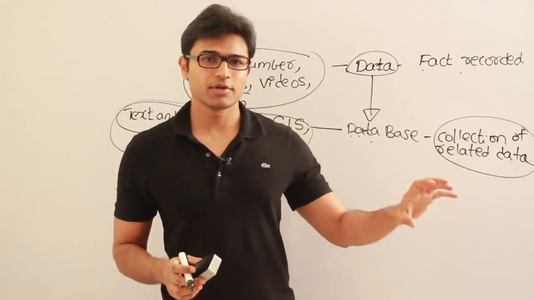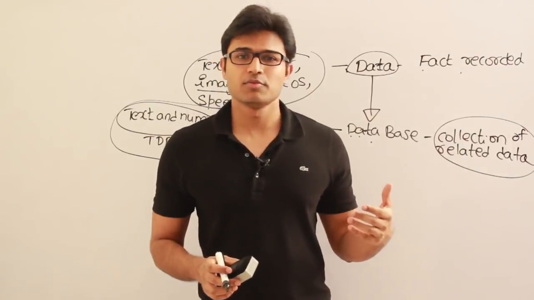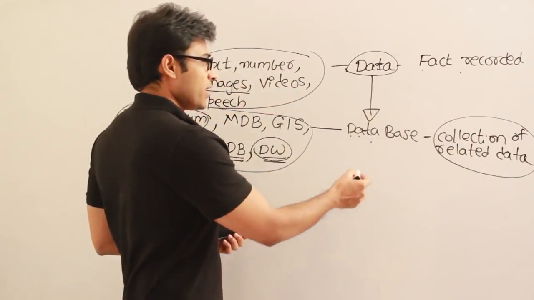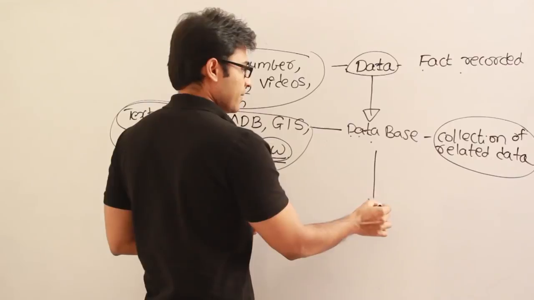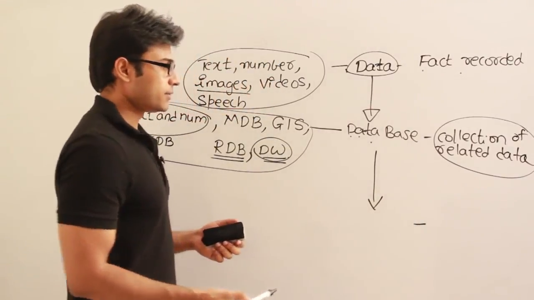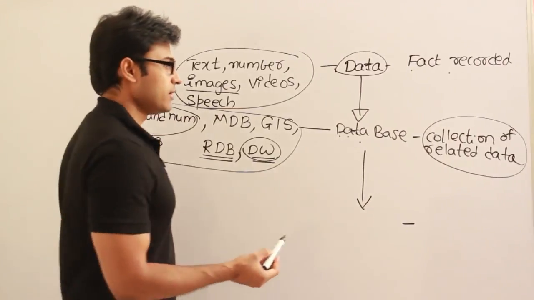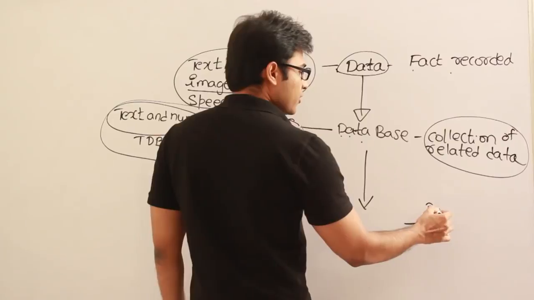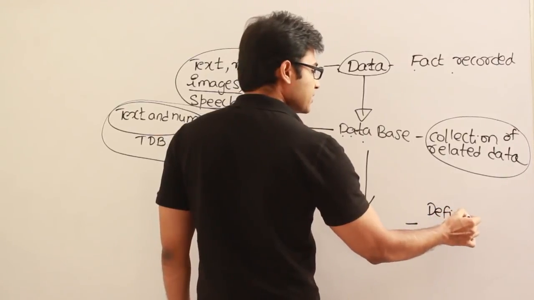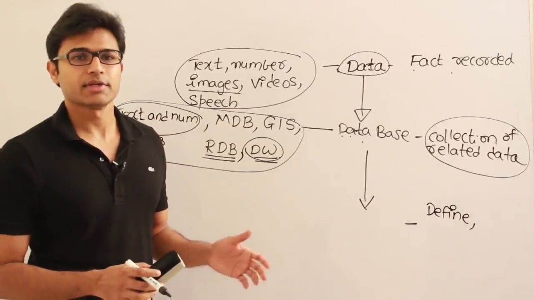Now whenever you have a computer and data present on this, there should be some programs which should be defined, isn't it? And those programs should typically be able to do this. You have to define the data types and structures, and data type means integer, character, string, like that, okay?